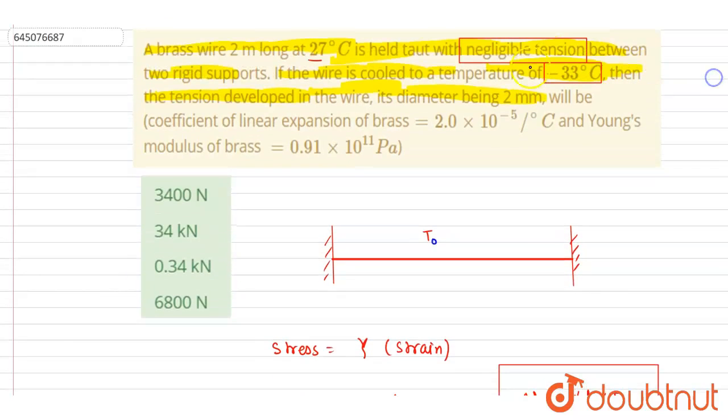If you see here, the diameter is given, so you can calculate the area. For the change in temperature, earlier the temperature was 27 and you decrease the temperature to minus 33, so how much did you decrease? It will be 27 plus 33, right? Let me write down the change in temperature.